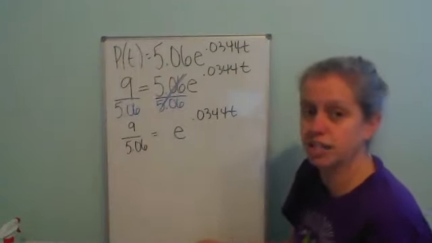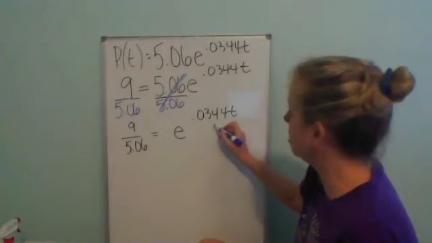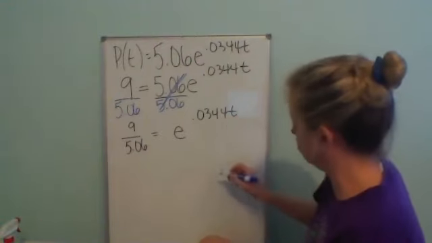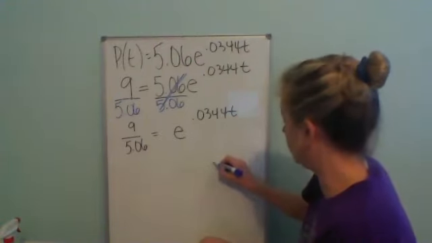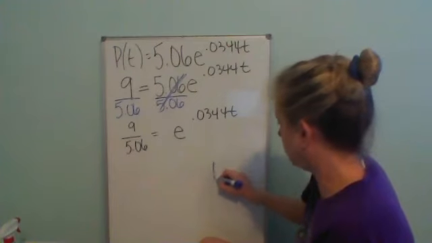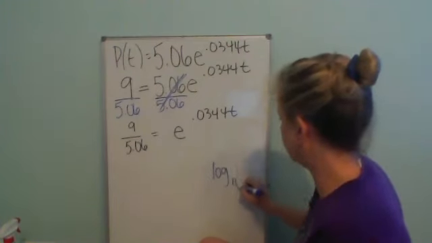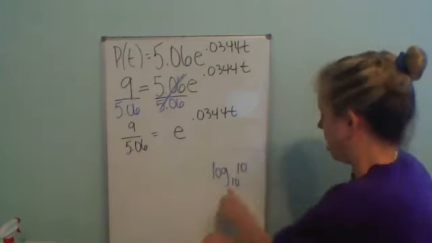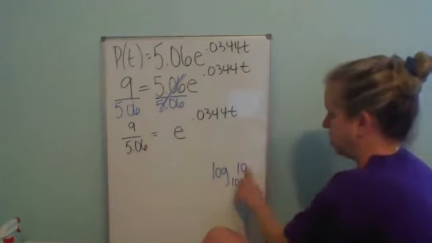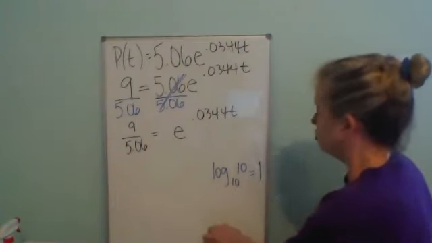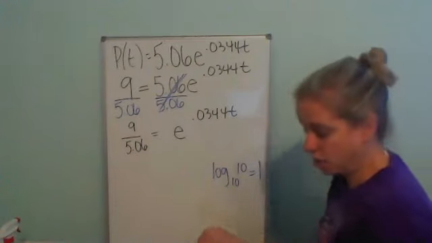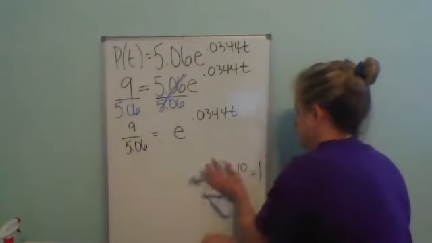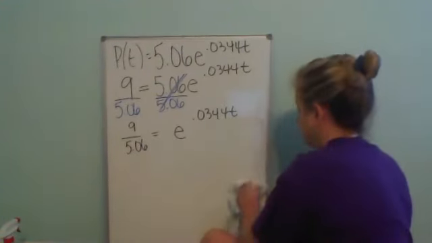So now is the time to get the t out of the exponent down into the good part of the problem so that I can solve for it. The rule that we're going to use is, if you have log base 10 of 10, that is equal to 1, right? So what I'm going to use is, instead of log base 10, I'm going to use ln.